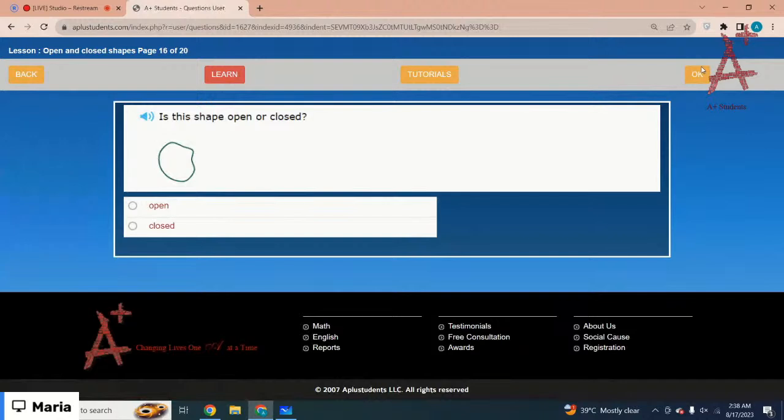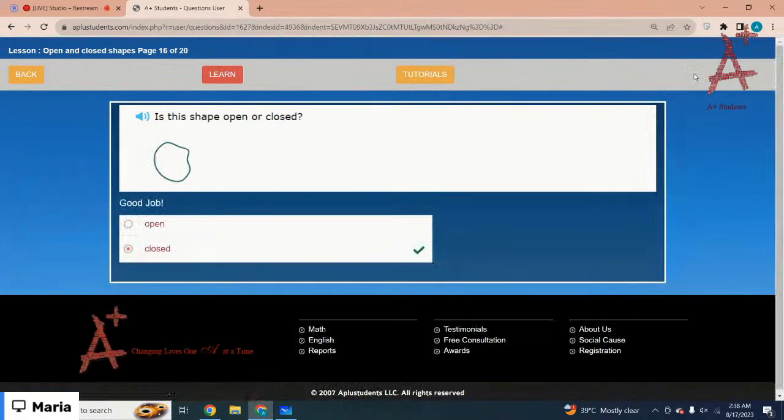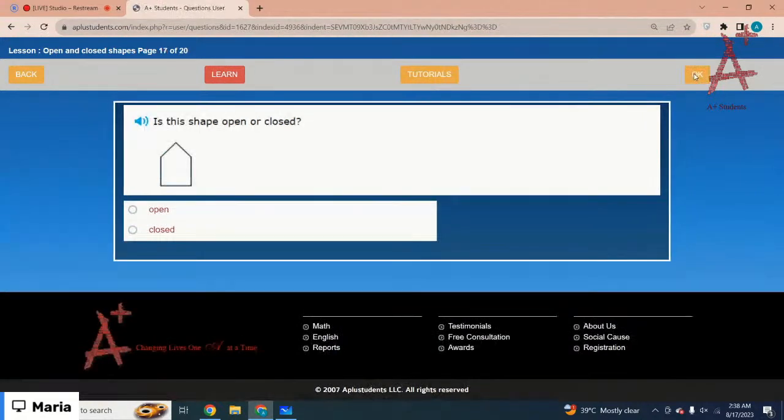The correct option is closed. The shape is closed. Is this shape open or closed? The correct option is closed.